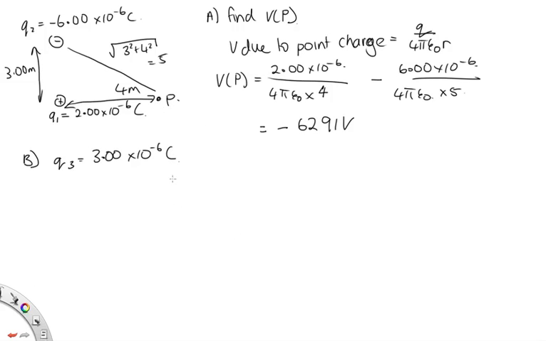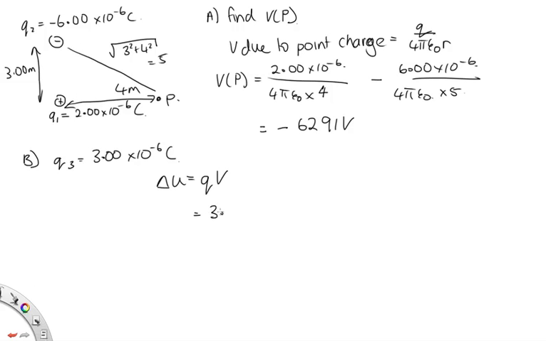Okay, so the change in potential energy is equal to QV. Now as we move this charge in from infinity to point P, we're moving it through the potential generated by these two charges here. So this Q is referring to this Q here, and this potential here is the potential set up by the other two charges.